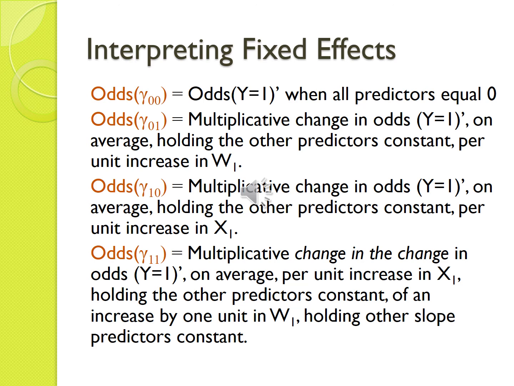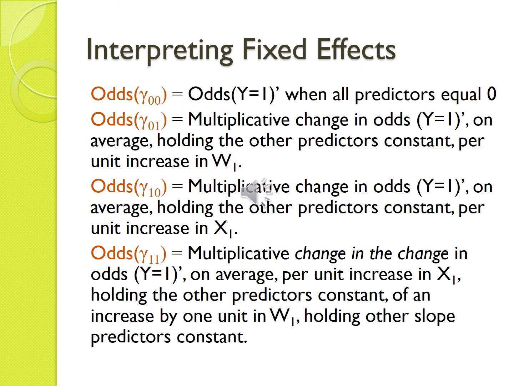If we're interpreting gamma 0,0, that's the odds of Y equals 1 when all predictors equal 0. Remember, that's important when we're looking at centering, so you might pay attention to that again. The gamma 0,1 is your level 2 predictor, pardon me.